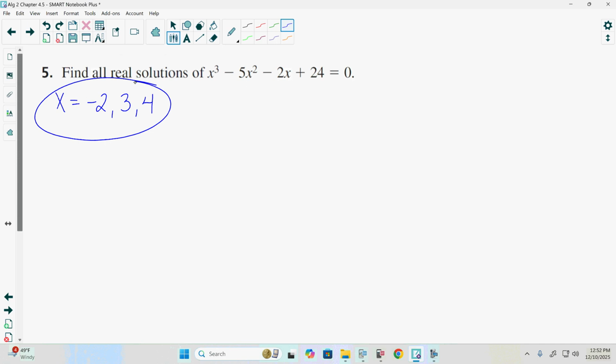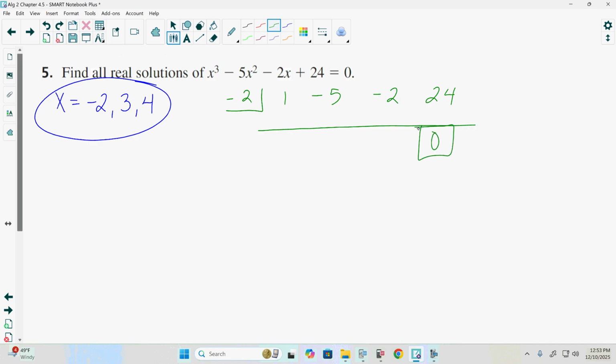We could do the synthetic division at this point to make sure. It won't tell us anything more than we already have, because it's just going to verify that they are solutions because they give us a remainder of 0. We would drop the 1 and do -2 times 1 is -2. -2 plus -5 is going to be -7. -2 times -7 is positive 14. 2 plus -2 plus 14, 12. -2 times 12 is -24.